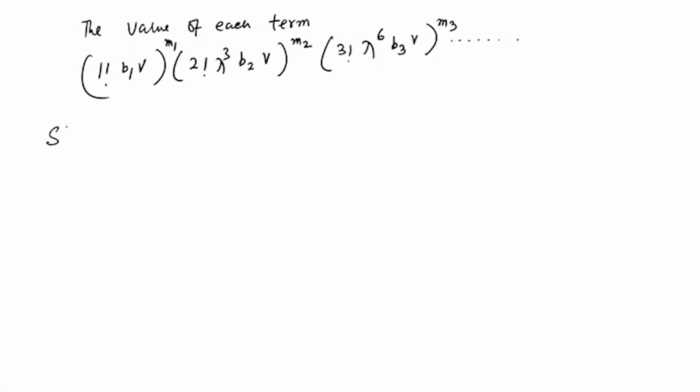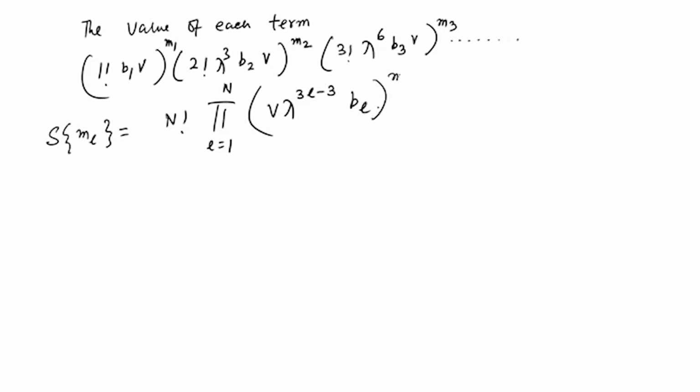So, the sum over this set of integers m_l is equal to n factorial, and then there is a product of l equal to 1 to n, and this can be written as V lambda to the power 3 l minus 3 into B_l whole to the power m_l, and this takes care of the counting process.